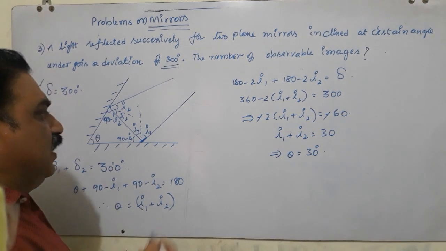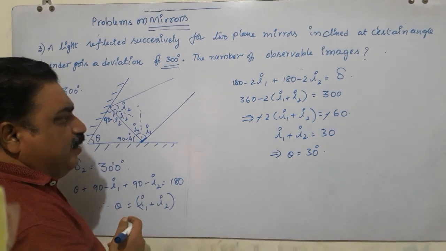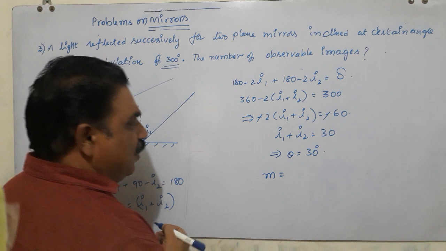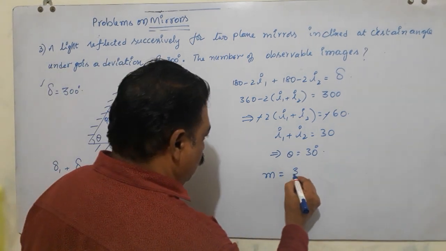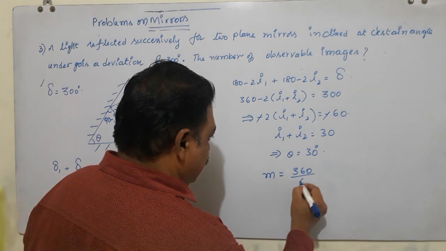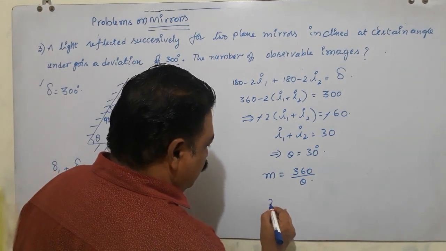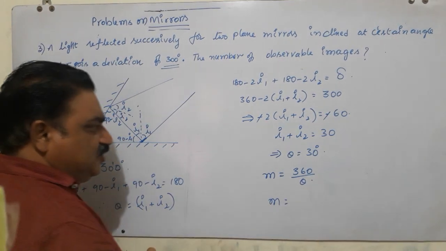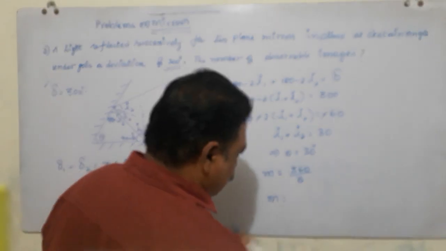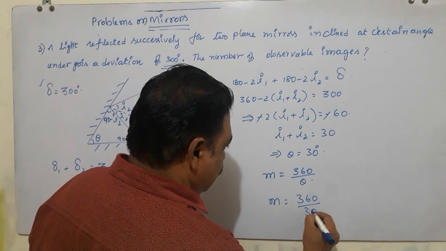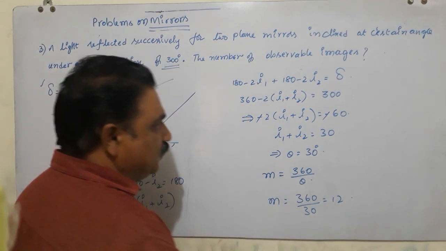In order to get the number of images, one should find the value of m. m is equal to 360 by theta, that is 360 by 30, which is equal to 12.